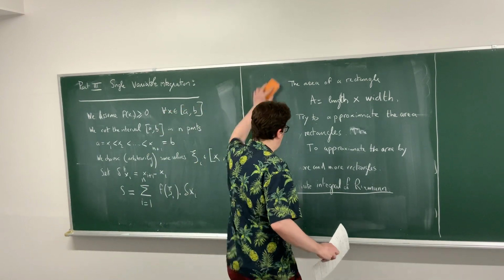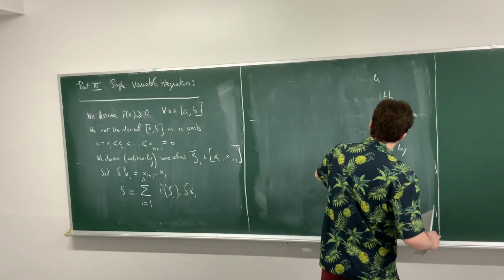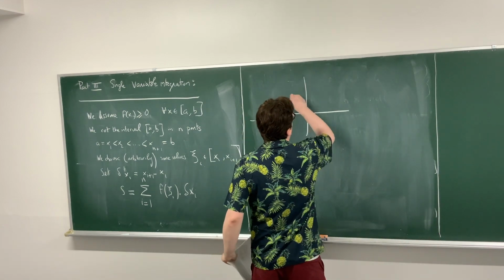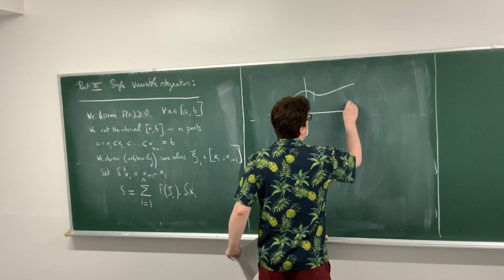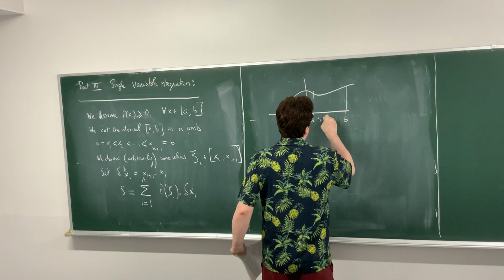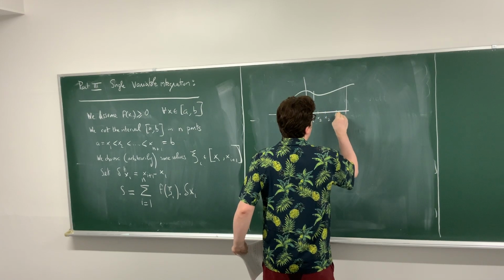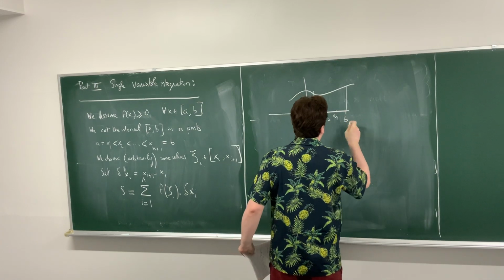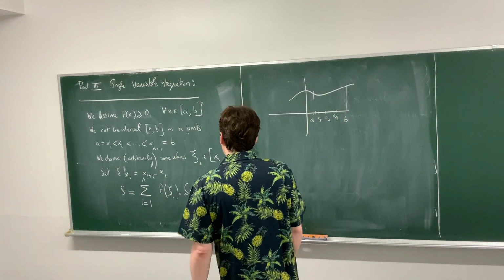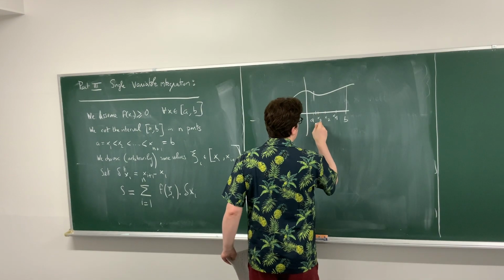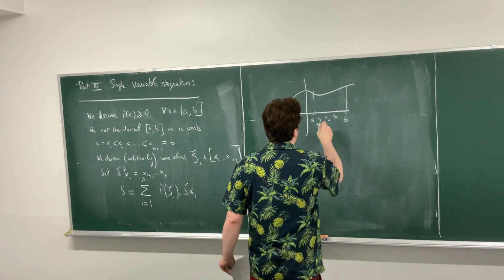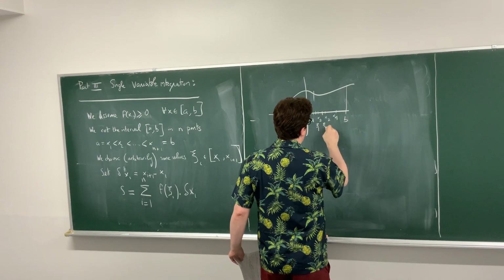Okay, so if we make a drawing, we have A and B, and then we have chosen this was x2, x3, x4, etc. And then in between you have picked some xi*. So this is xi1*, okay? And then you pick another one, xi2*, okay?